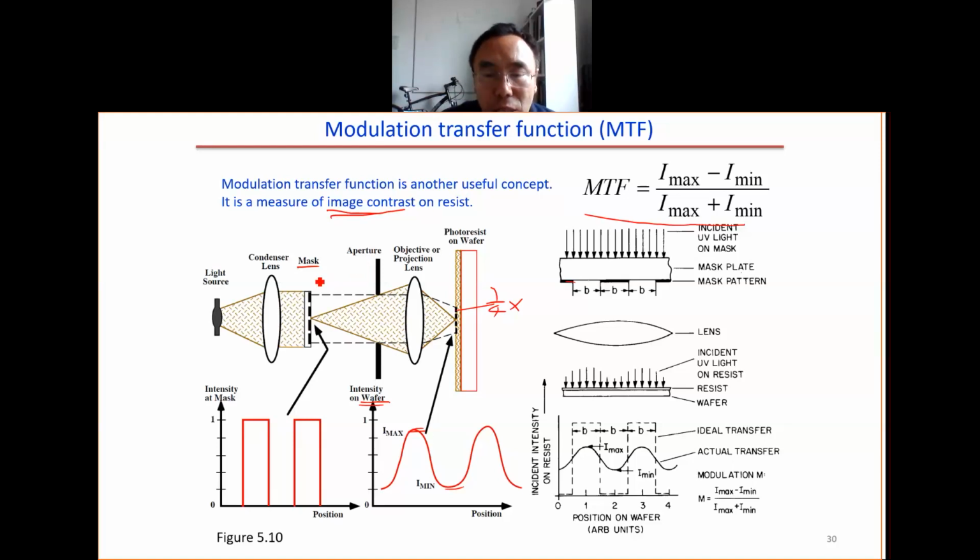We need a better way to talk about the resolution. By defining the modulation transfer function, later on we can figure out the resolution, which is a more accurate way than the Rayleigh criterion.